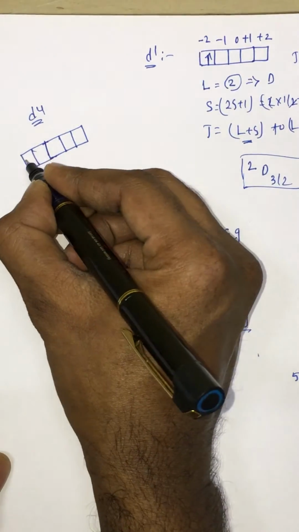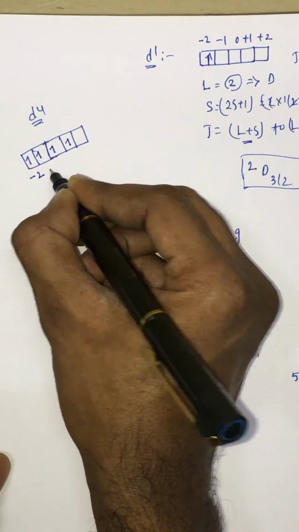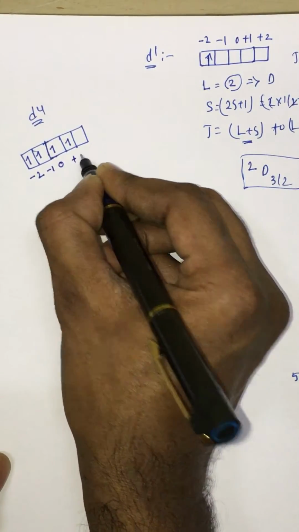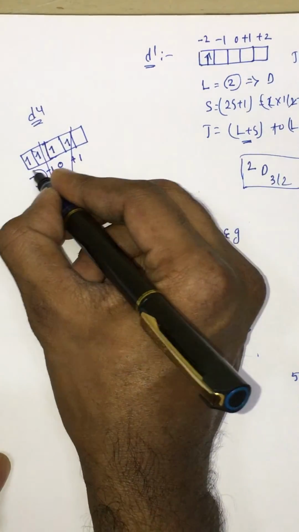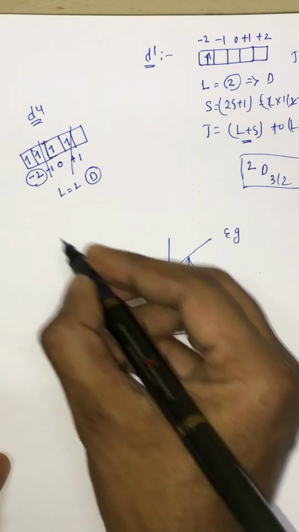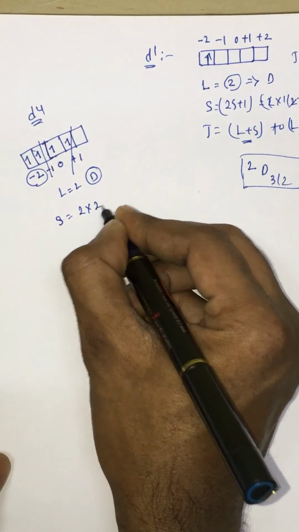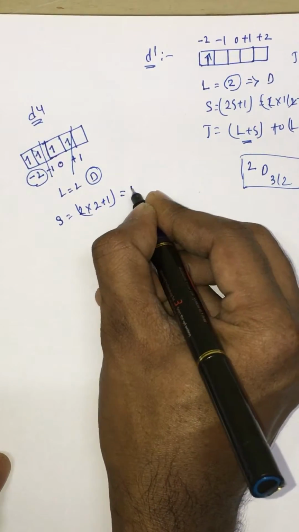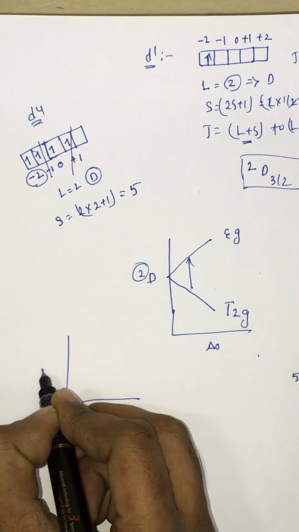And d4: 1 2 3 4, minus 2 minus 1 0 plus 1, plus 1 minus 1 will get cancelled. So now the only L left is 2. L is 2, that means the term will be D, and S will be 2. 2 into 2 plus 1 equals 5D. So the ground state term will be 5D.